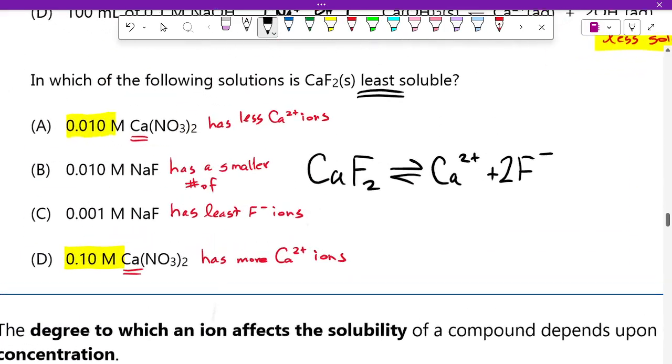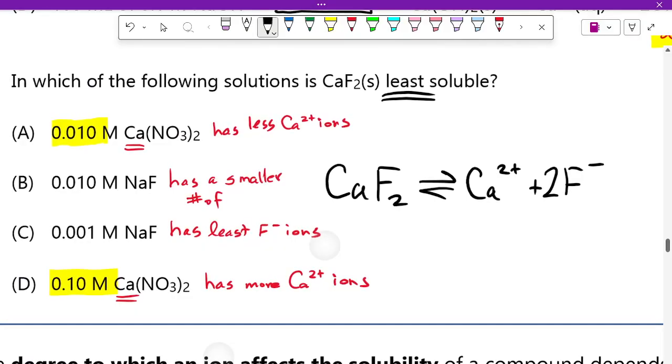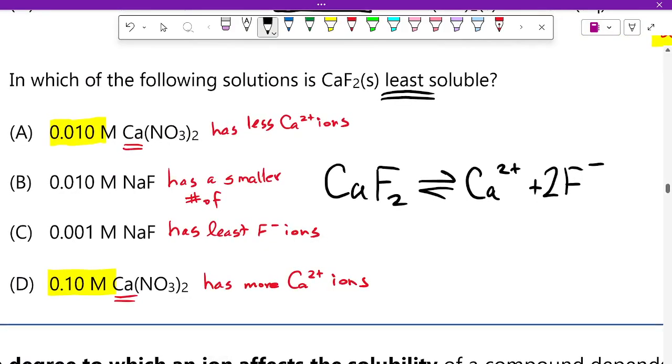So if we looked at this situation here, we had 0.1 molar calcium ions, we had 0.01 molar fluoride ions, here we have 0.001 molar fluoride ions, and here we have, I'm sorry, that top one isn't 0.1, it's 0.01.